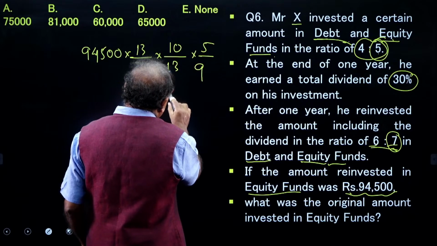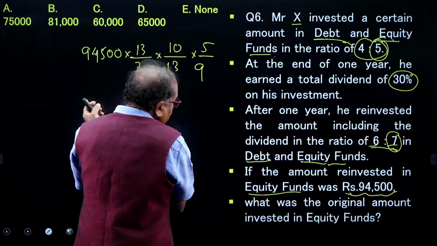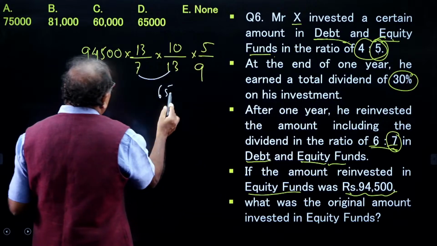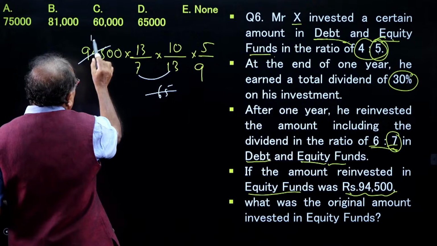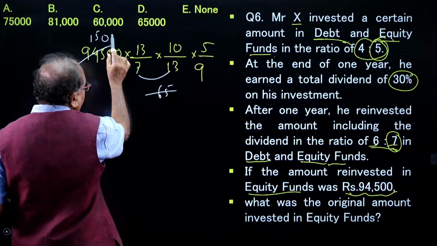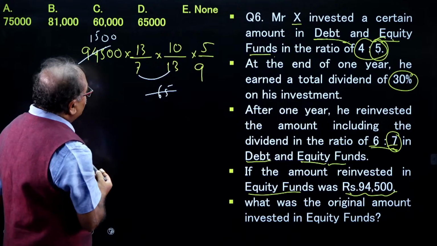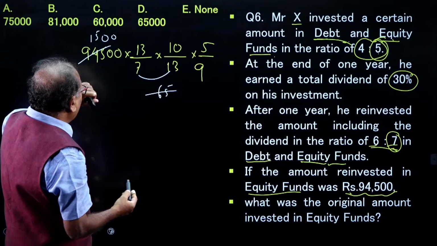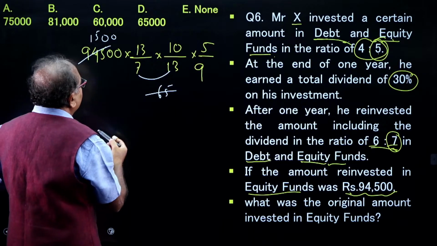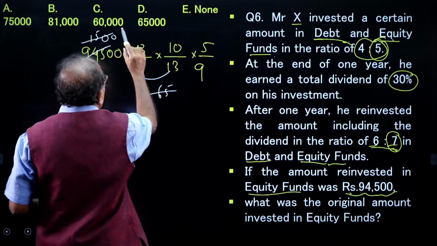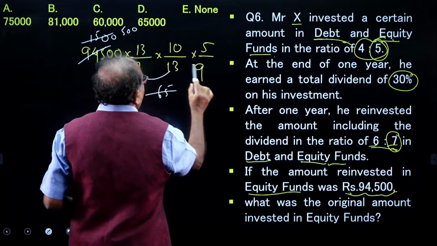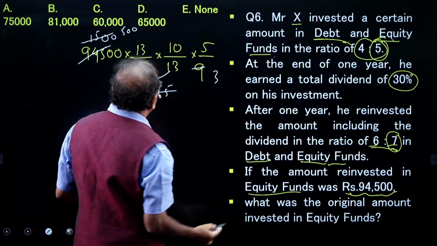With 65, that number is getting cancelled 15 times. 15 followed by 20, and 9 is there. With that 9 I can again cancel here, this is 500 times, and this is 3 times.